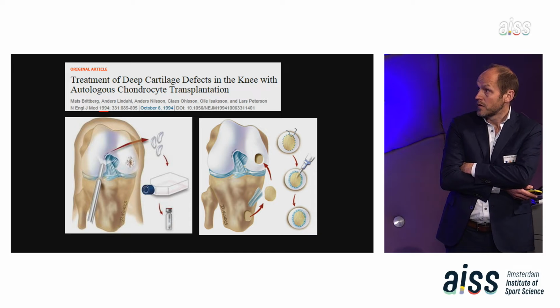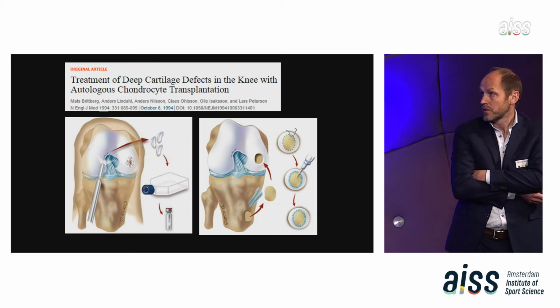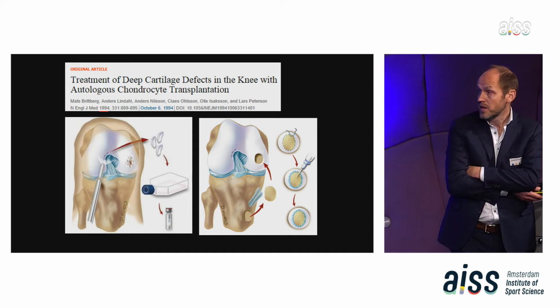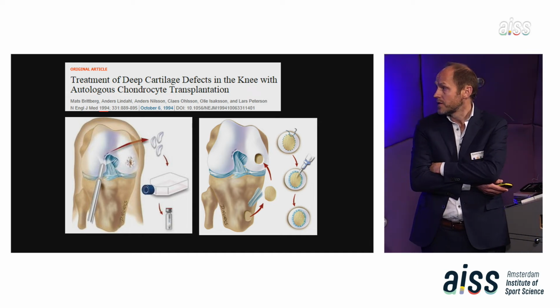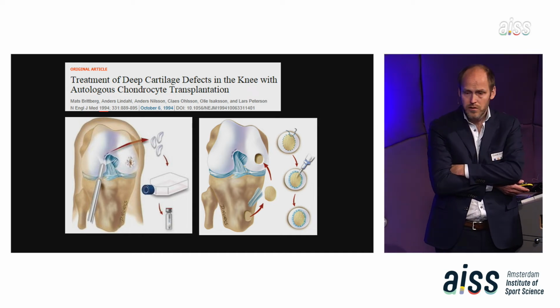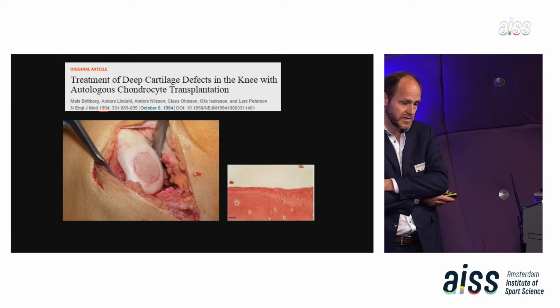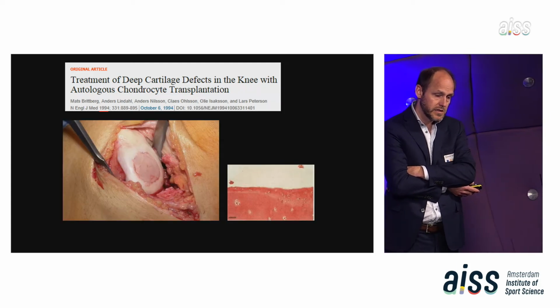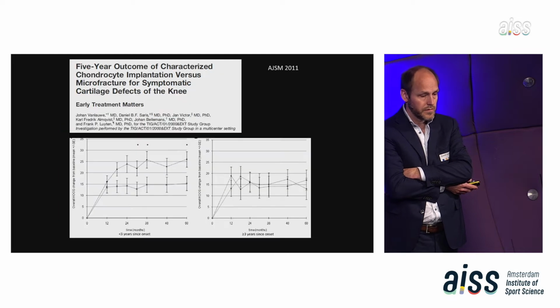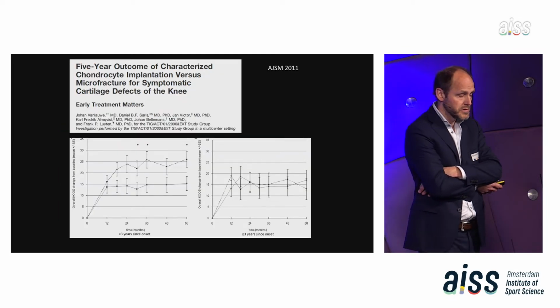For example, autologous chondrocyte transplantation, where a little membrane is placed where the defect is created, cells are harvested, cultured, and reimplanted behind the membrane, or other techniques like this. Cell scaffolds, many developments have been there. It looks nice, it looks good, although the results are not 100%.